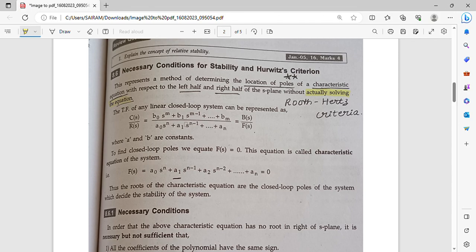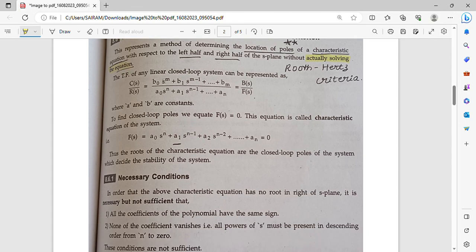And the transfer function of any linear closed loop system can be represented as C(s)/R(s) = (b0 s^m + b1 s^(m-1) + ... + bm) / (a0 s^n + a1 s^(n-1) + ... + an).